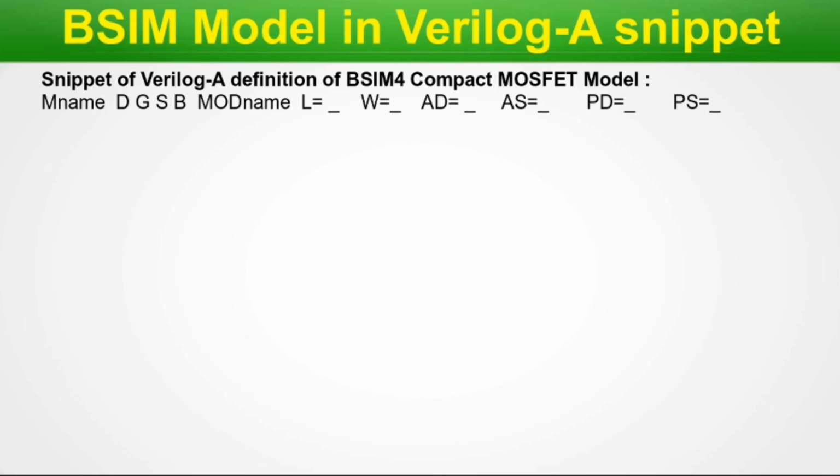Then comes the model name that comes from the .lib model card, and the parameters, that is length, width, AD, AS, PD, PS. These are basic things that will be there. These model parameters L, W, AD, AS, PD, PS will be there for any model card. If you open a .lib containing the model cards, these will be the first things you will see.